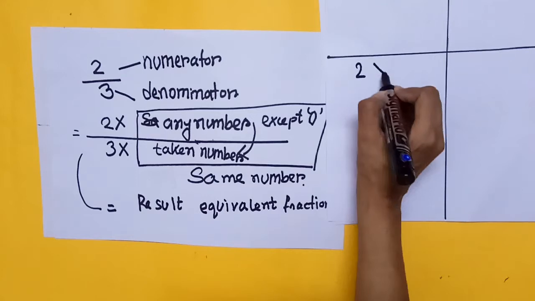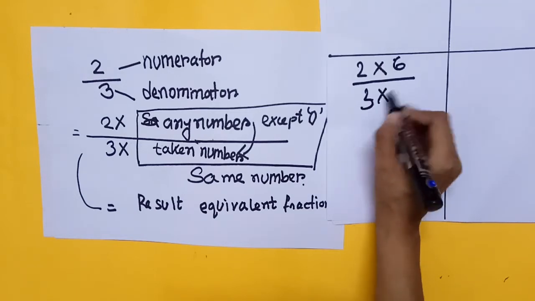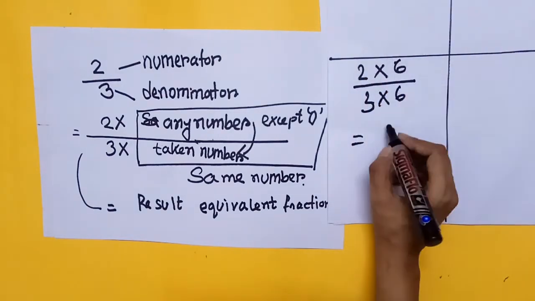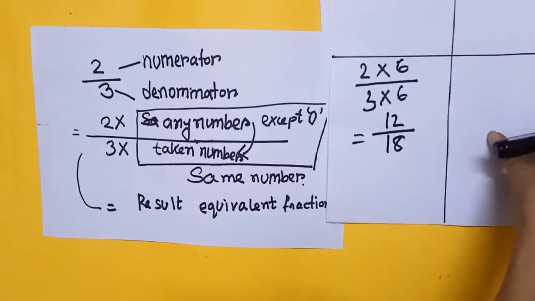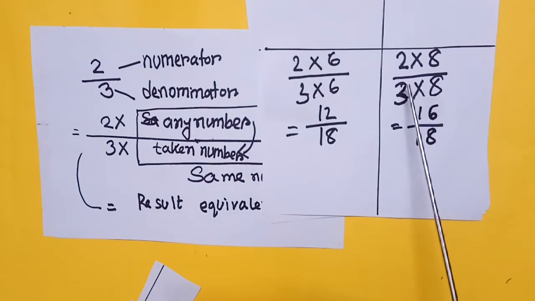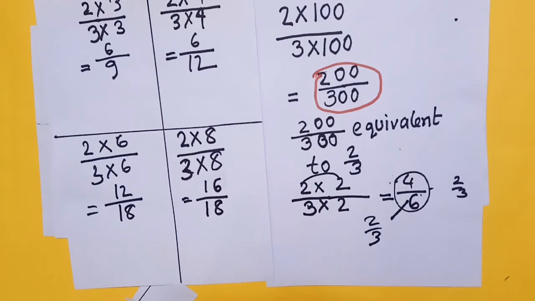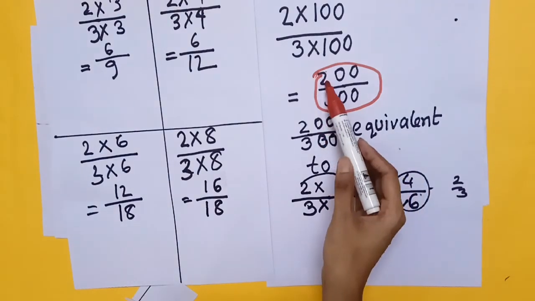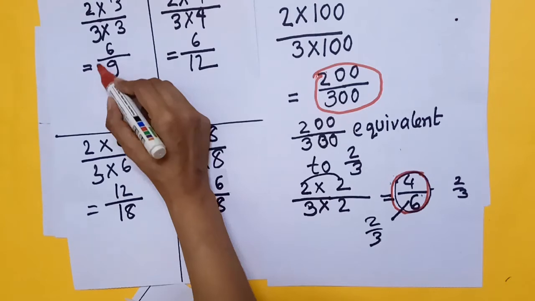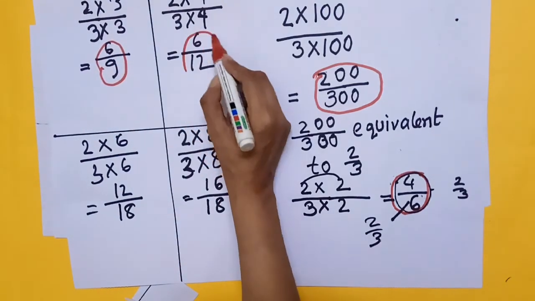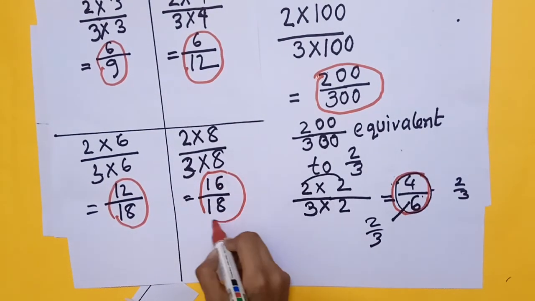Again taking 6: 2 times 6 is 12, 3 times 6 is 18. Taking 8: 2 times 8 is 16, 3 times 8 is 24. So the 6 equivalent fractions are 200 by 300, 4 by 6, 6 by 9, 8 by 12, 12 by 18 and 16 by 24.